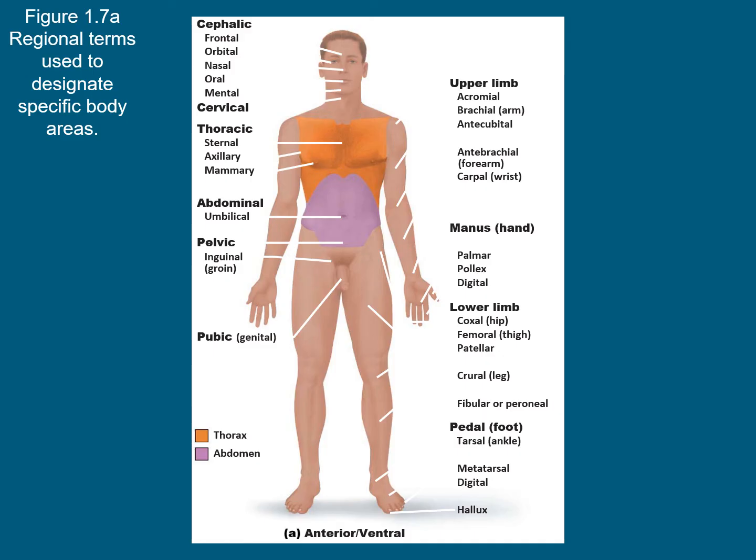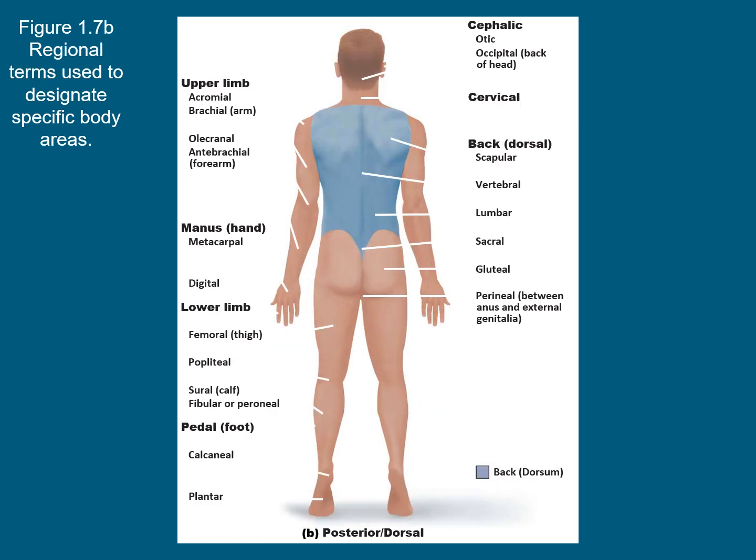Now, these regional terms refer to different, specific areas of the body. Unfortunately, the diagram here is not that great. Some of the lines didn't show up well, but this diagram is in your book as well as in your lab book. You do need to be familiar with these terms from both the anterior and the posterior viewpoints of them.